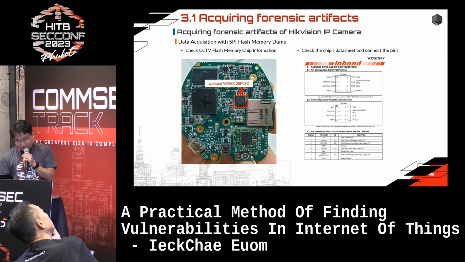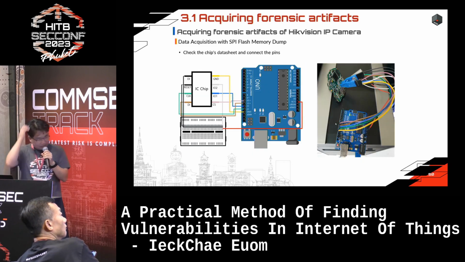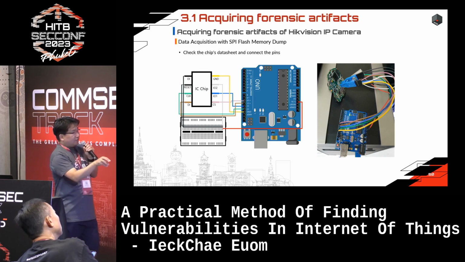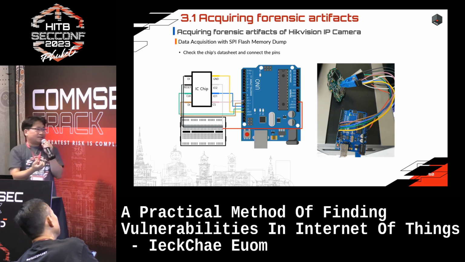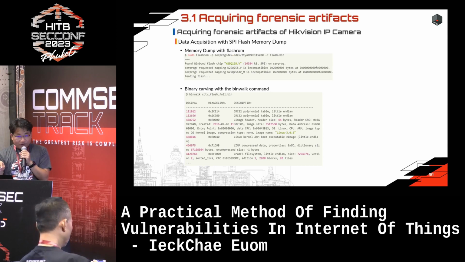And then we can find the flash memory type, and this is the information. We are using open source hardware like the Arduino to convert the data to our analyzing machine. So we can dump it in the machine, and we can analyze it at the firmware level.